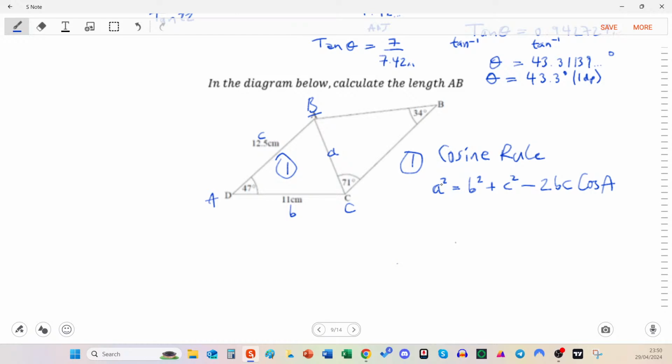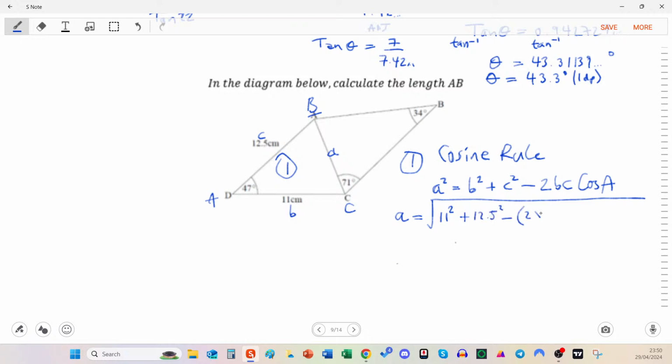And we're trying to find A squared. So we actually did a bit of substitution earlier this live stream on this particular equation. So things should be okay for us. A equals the square root of, no, don't do that, B squared, which is 11 squared, plus C squared, 12.5 squared.